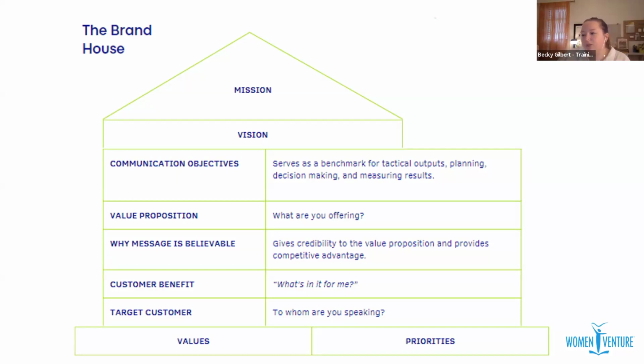image. So this is a template that we've built to help you start thinking about what you want your brand to convey. At the core of a brand is, what message do you want people to receive when they're interacting with your brand?